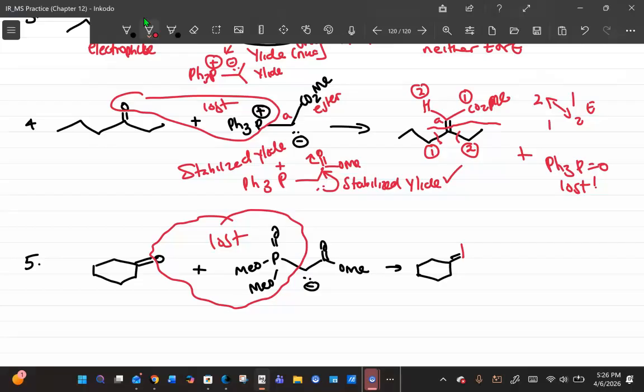In this case, you cannot determine whether it's E or Z because one side has the same thing. You see that? So this is neither E nor Z.